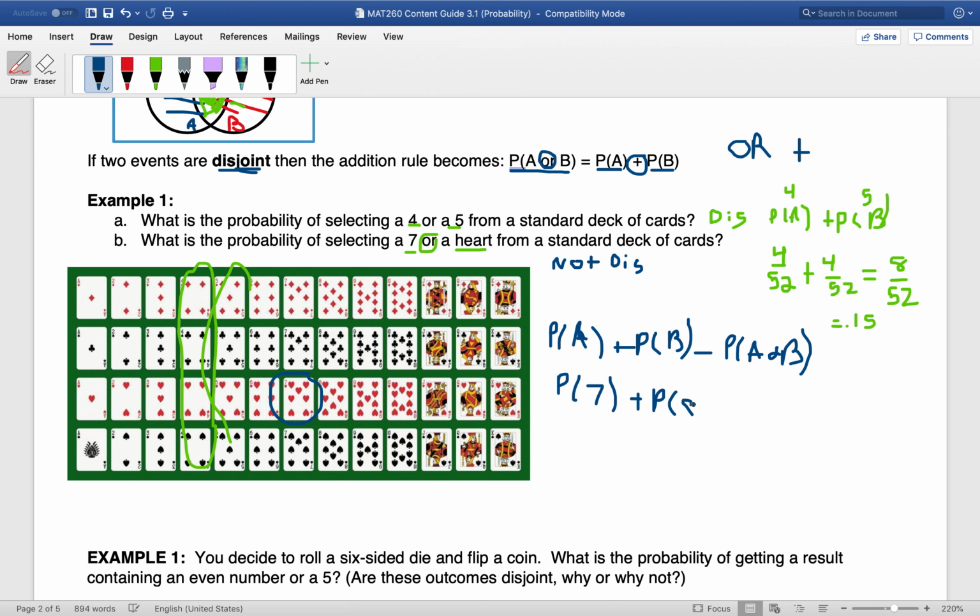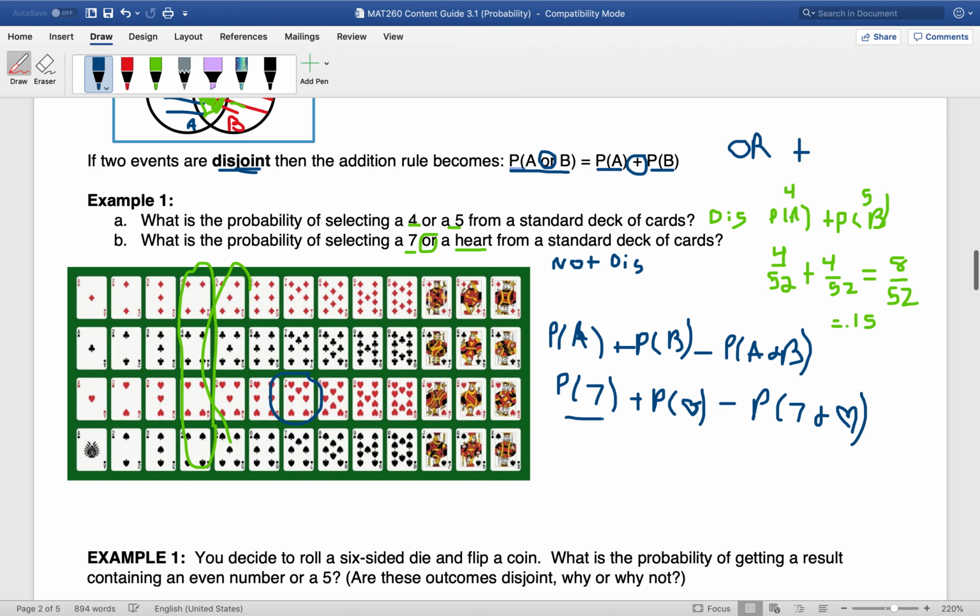And we want to do minus the probability that it's a 7 and a heart. So 7 and a heart.